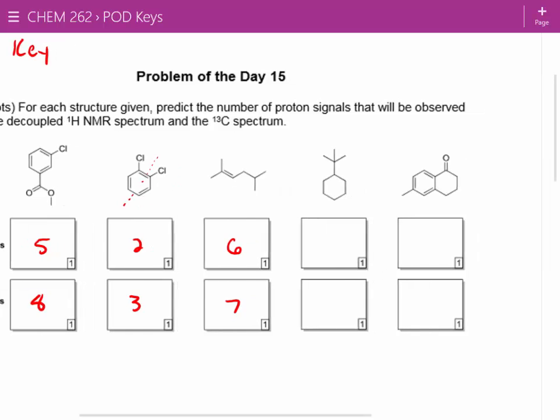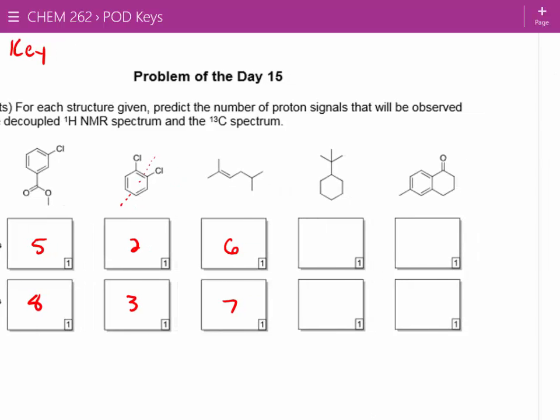All right, now let's look at the cyclohexane ring. And this time I'm going to help you guys out. The key, I think, with a lot of these when you're looking at chemical space is to do a model. So if we have a cyclohexane, what conformation is it usually in? Chair, right? And if we've got a tert-butyl group coming off, does that tert-butyl group want to be axial or equatorial?